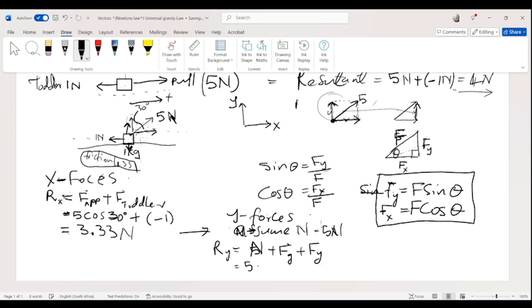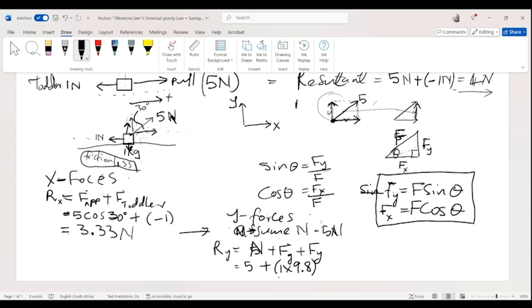So we're going to have 5 plus your gravitational force, which will be 1 kg times 9.8, which is your gravitational acceleration, because force equals ma.